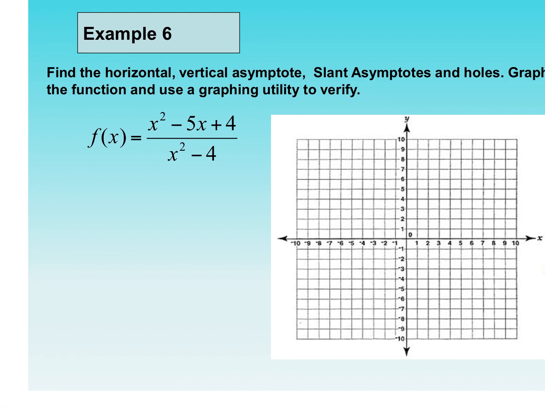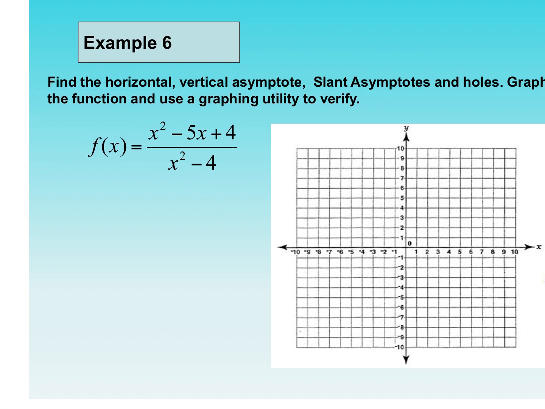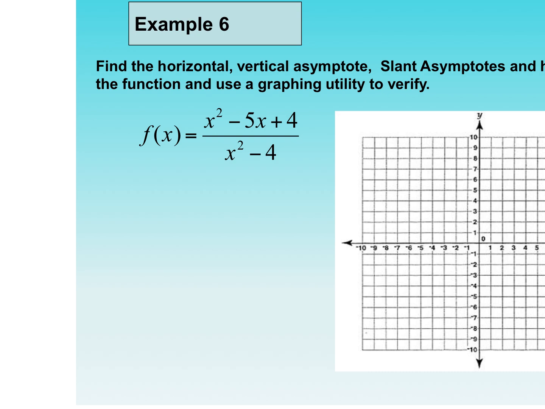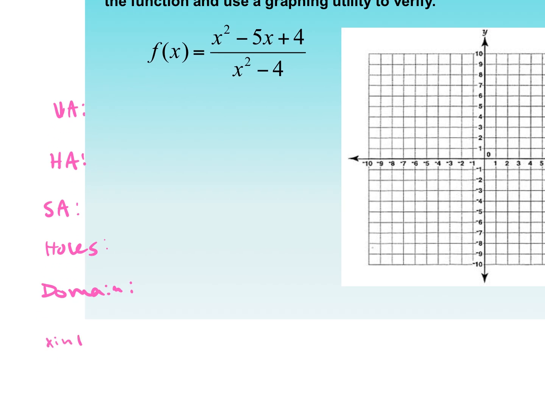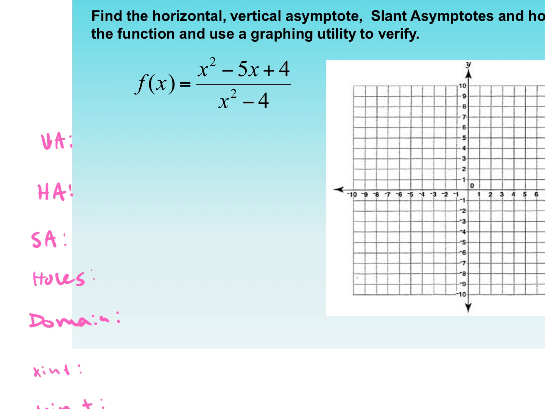So here, let's find the horizontal, vertical asymptote, slant asymptote, and holes and graph. So I'm going to say vertical asymptote, horizontal asymptote, slant asymptote, holes. We'll find the domain too, and our x and y intercepts. Well, before we start, let's factor our numerator and the denominator.